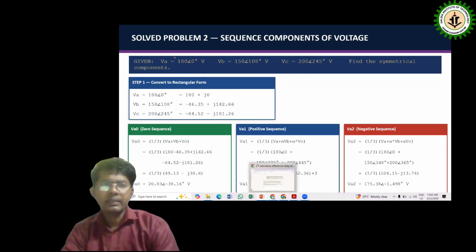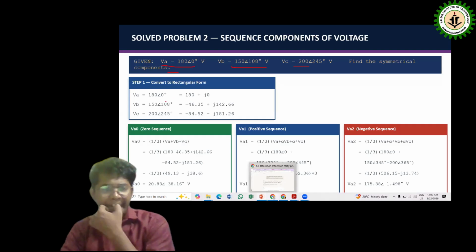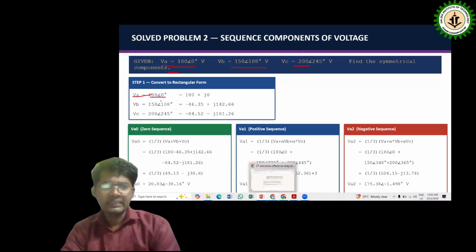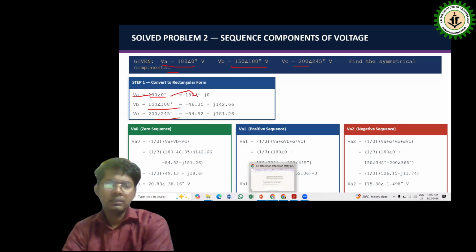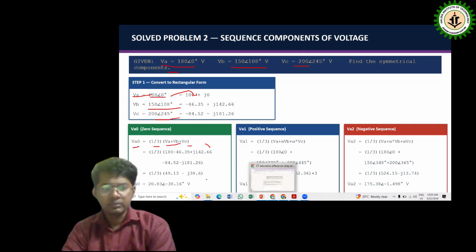Next example: the VA, VB, VC values are given, find the symmetrical component. Here VA equal to 180 at an angle 0 degree in polar form, then the VB, VC values are given, and polar to rectangular conversion is done. Then simply using the formula, VA0 equal to 1 by 3 of VA, VB, VC, put all the values, then solve it.